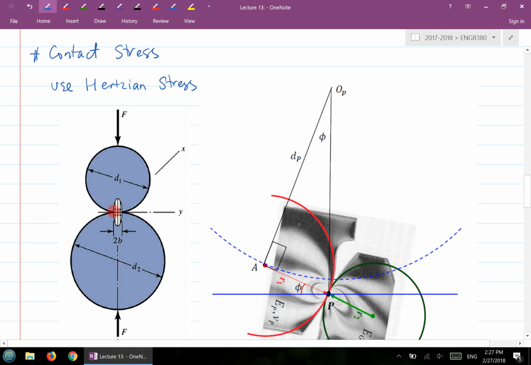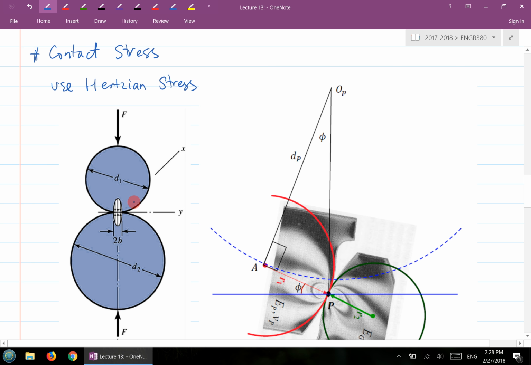Basically, you have two cylinders in contact with each other, and there's a pressure or force applied trying to compress the two cylinders, right? If you expand the contact area, if there's no pressure, it's basically a point contact. If there's a force, then that contact region is not a point anymore. If expanded, there's a very small flat region due to this compressive force.